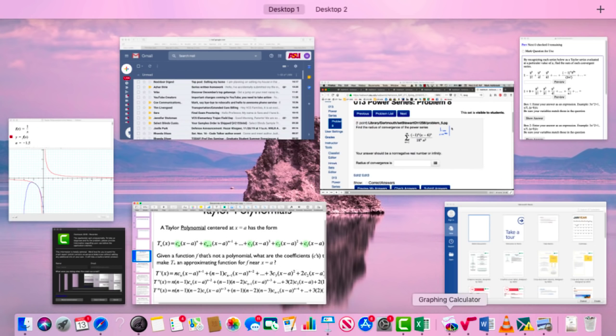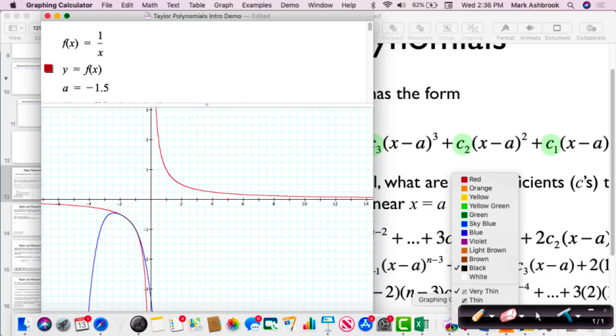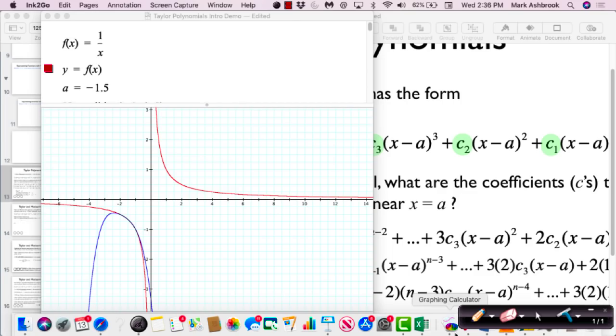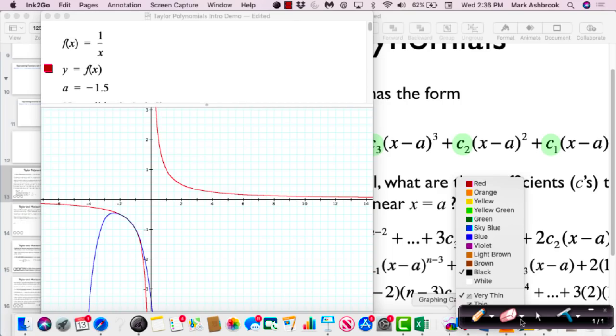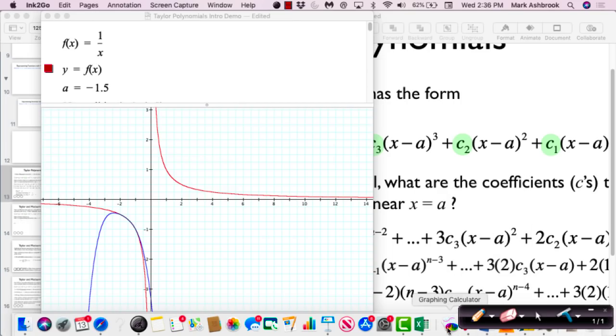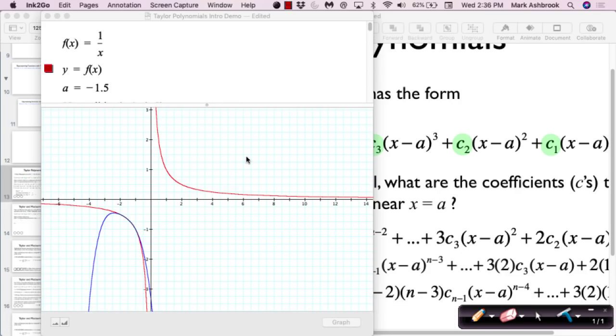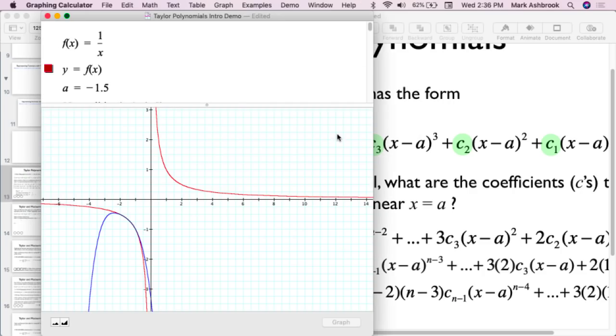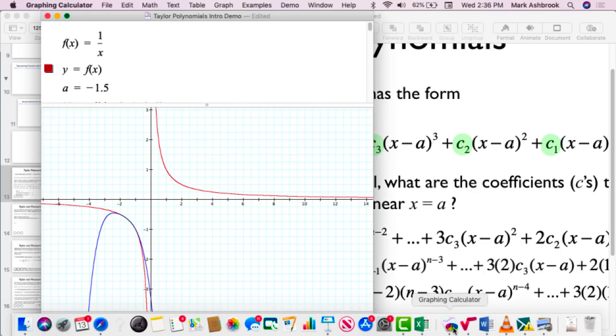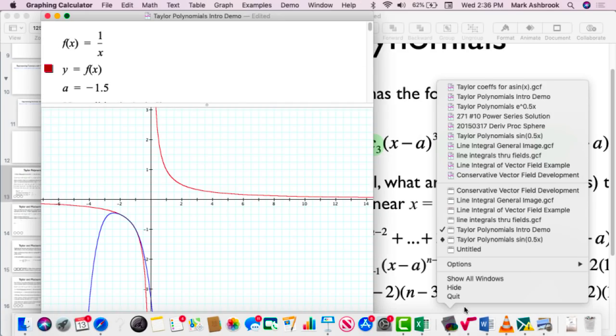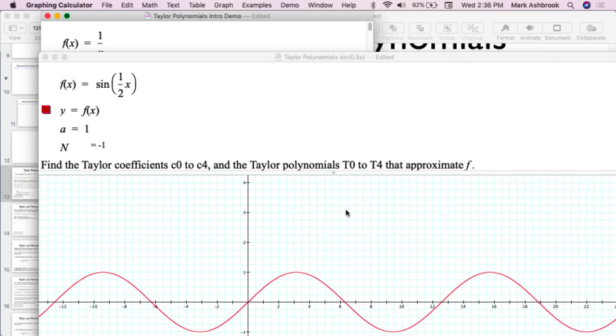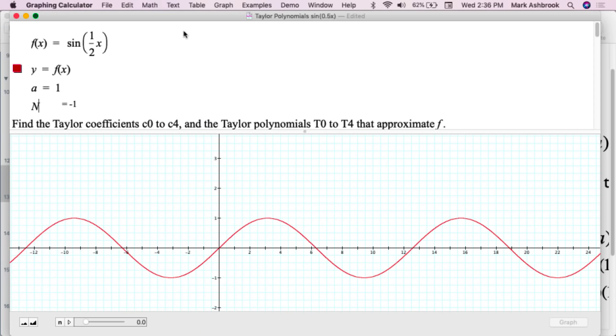This. There we go. So now we're going to work on sine of 1/2 x, centered at a equals 1.